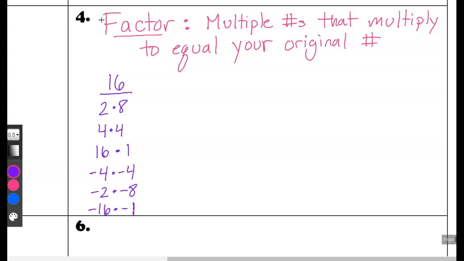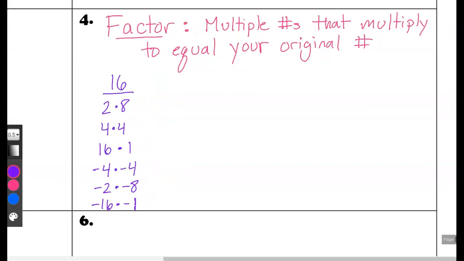Now, we're factoring quadratics, not just single numbers like 16. And I'm going to tell you the setup for how you should factor. Let's come up with a quadratic here. Let's do x squared minus 8x plus 16. We're going to factor this.